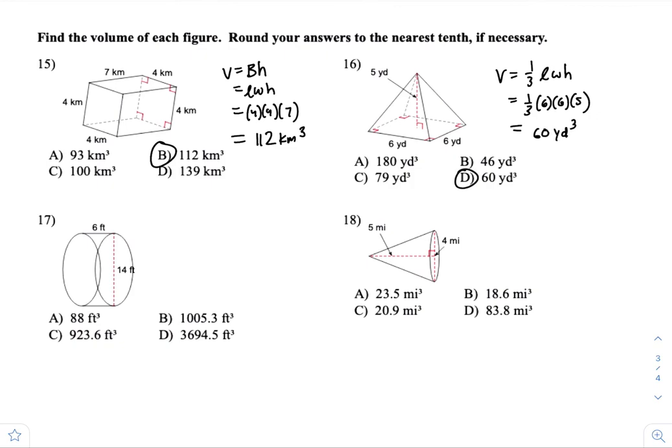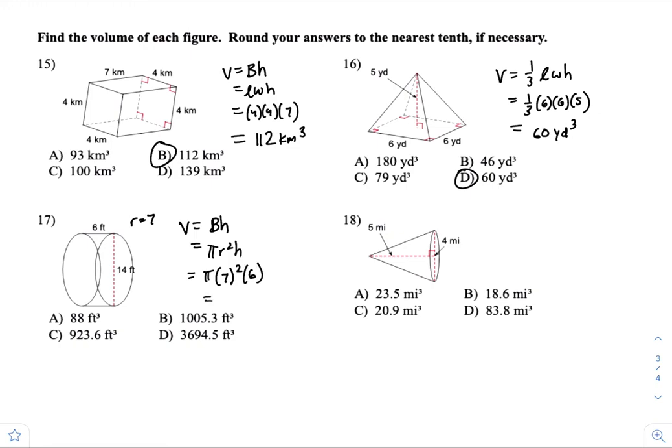For 17, the volume of a cylinder is the area of the base times the height. The area of the base is a circle, so pi r squared h. Now remember, radius is half the diameter. That is the diameter, so your radius is actually 7. It's half of that. So pi times 7 squared times 6.